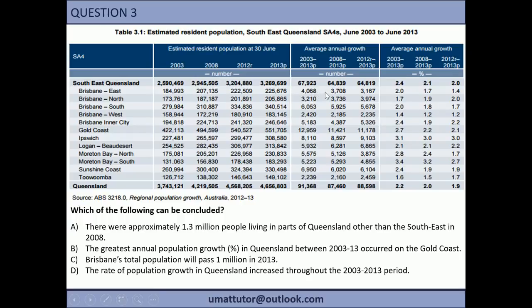The average for each year in that latter half is 3,700, whereas for the whole 10-year period it was 4,000. So there was more growth in the first half than the second half, is basically what that's showing.